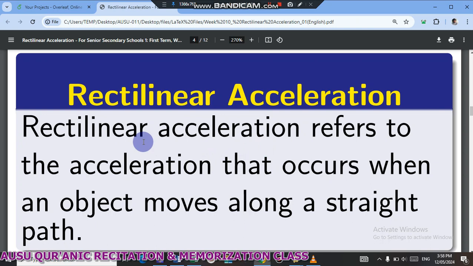Because if an object is rotating, then its acceleration is called centripetal acceleration. So the acceleration we will be considering in this class is entirely rectilinear acceleration. We are assuming that the object is moving along a straight path. It is not rotating at all.